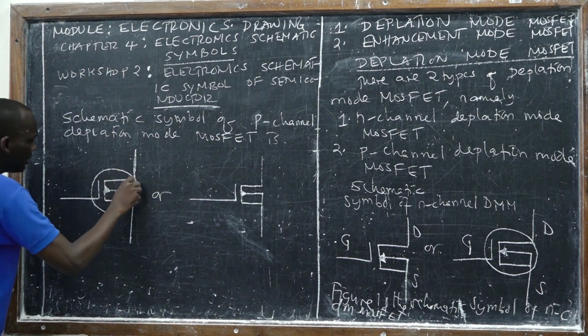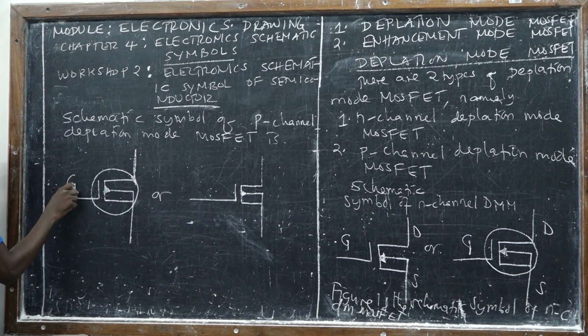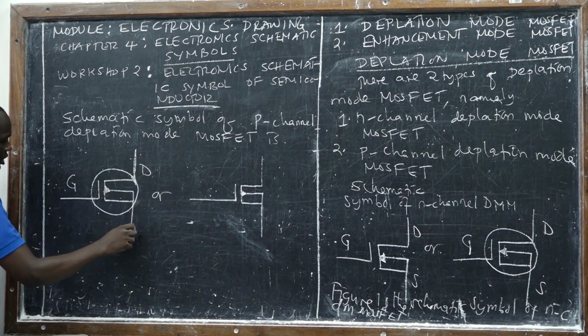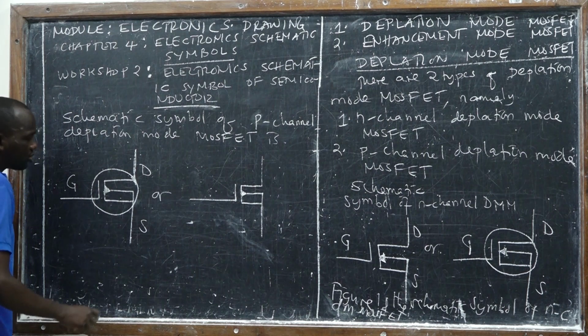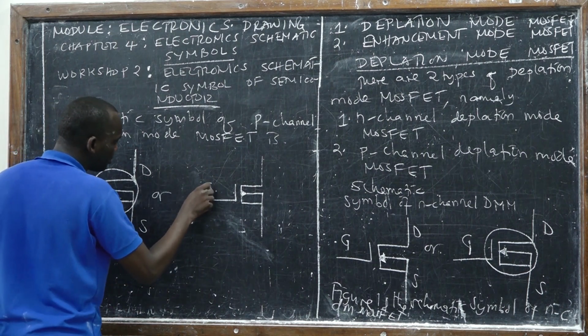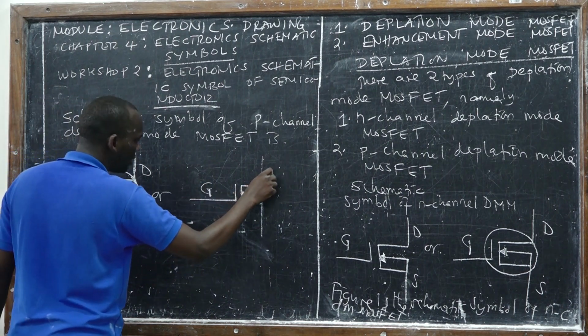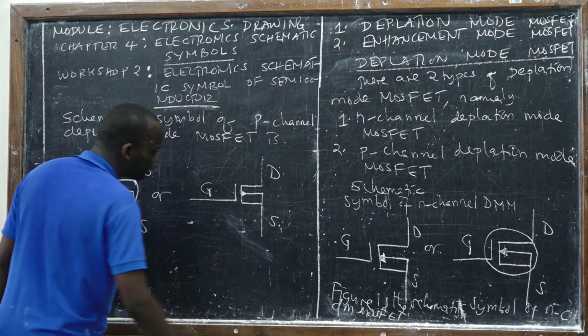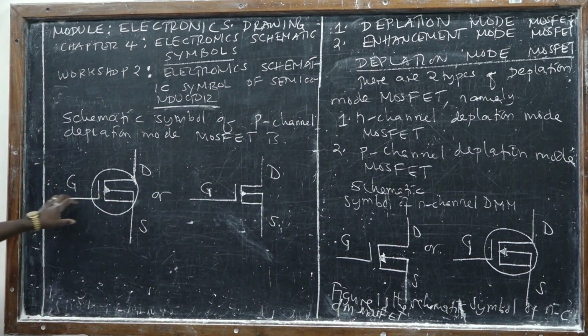So this is what? Gate terminal. This is drain terminal. This is source. This is gate terminal, this is drain terminal, this is source. So do you see the difference between the N channel and P channel? What is the difference?